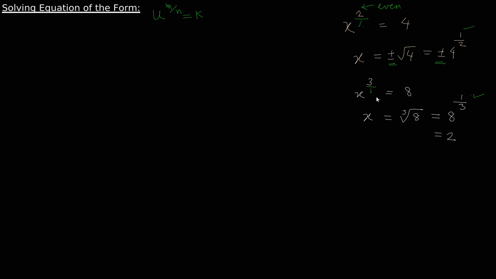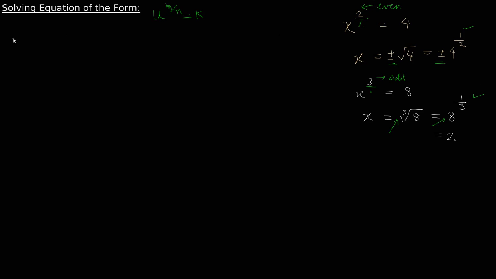Another thing to note is that when the power is odd, that means 3 or 5 or 7, then there is no plus minus sign in front of the solution. Okay, so this is something we can remember.